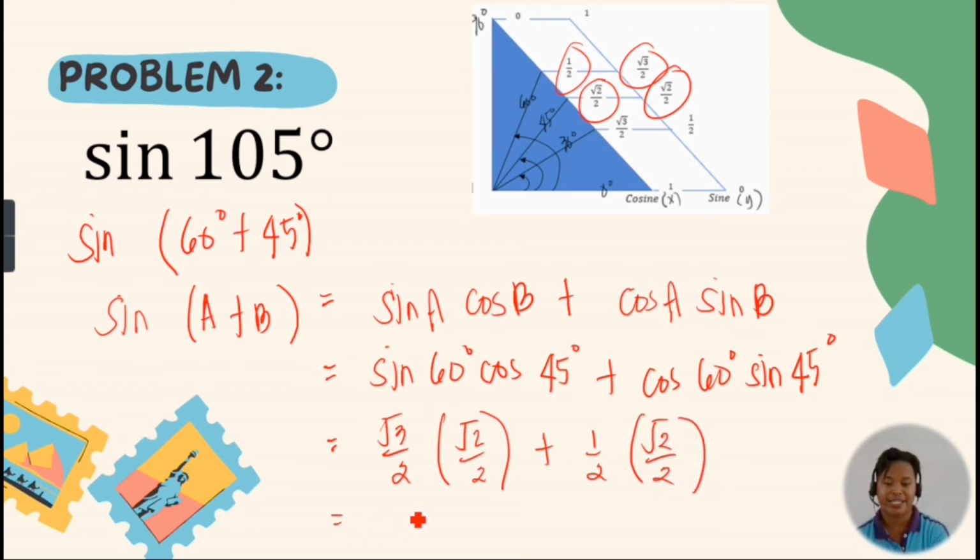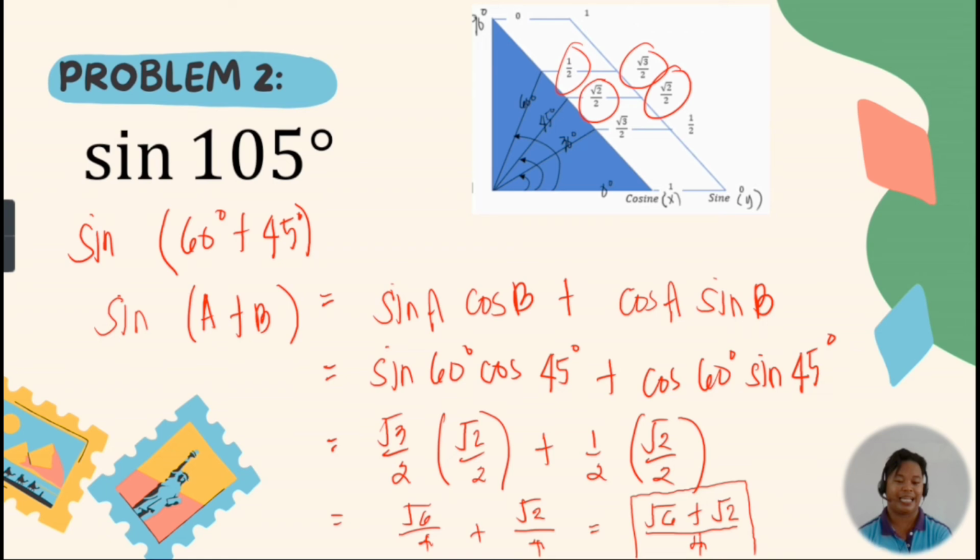So simplify, square root of 6 all over 4 plus square root of 2 all over 4, or we add, square root of 6 plus square root of 2 all over 4. This is now the value of sine 105 degrees, which is equal to square root of 6 plus square root of 2 all over 4.